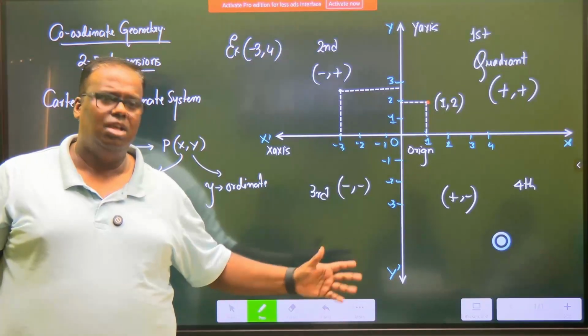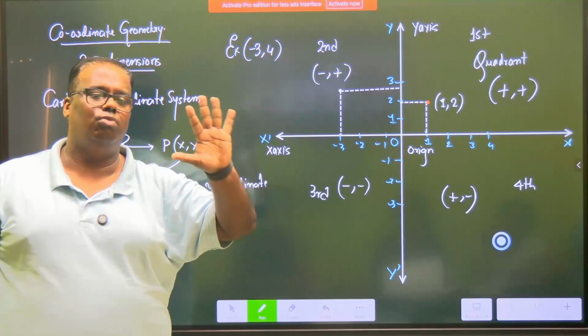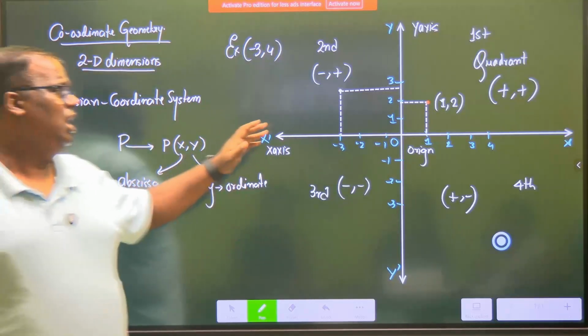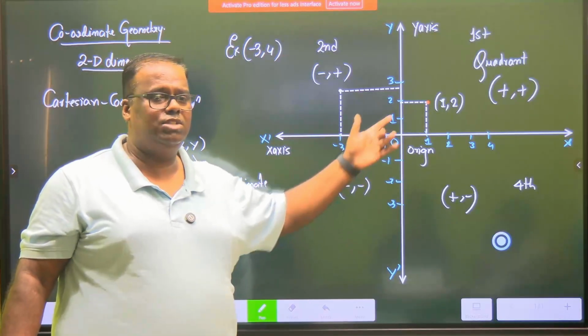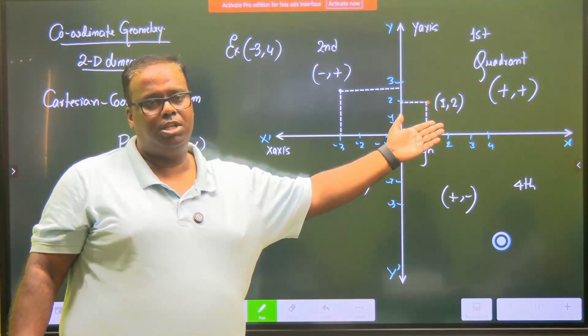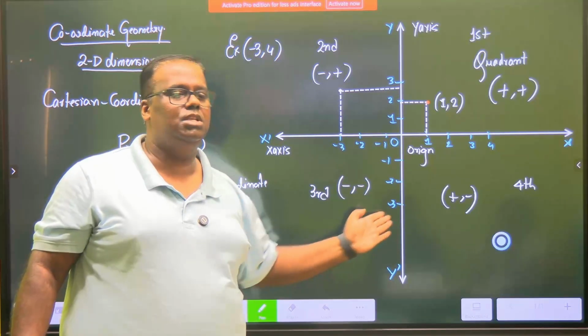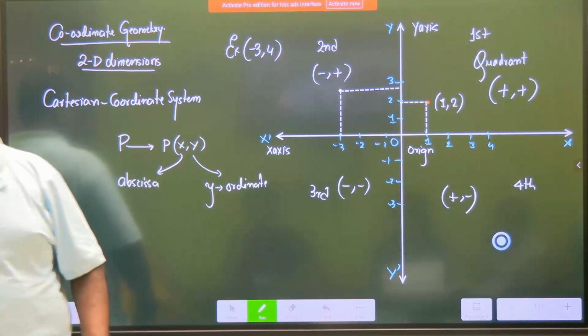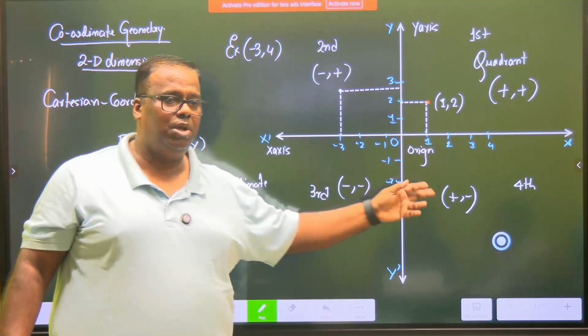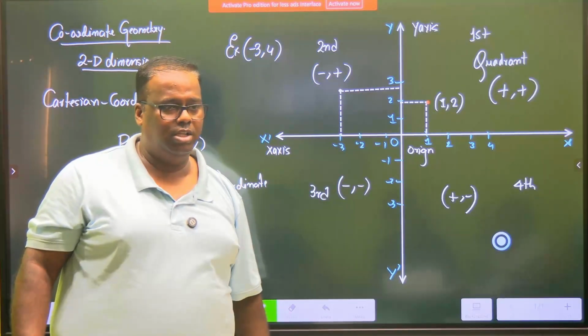A Cartesian coordinate divides us into how many quadrants? 4 quadrants. In each of these quadrants, we will have separate type of number mappings. Here we will have plus plus. Here we will have minus plus. Here both will be minus minus, and here will be plus minus. And whenever we show plus minus, the x and the y, the x is known as the abscissa and the y is known as the ordinate.